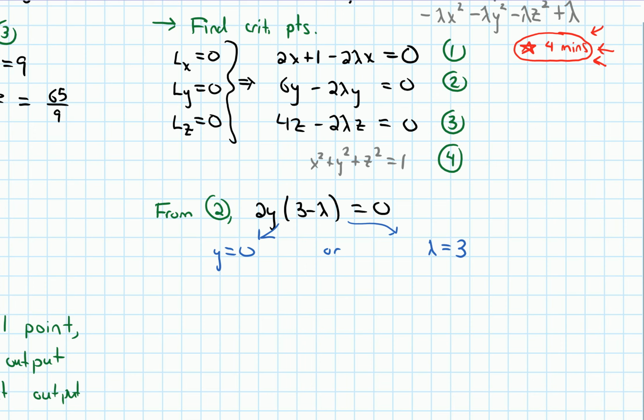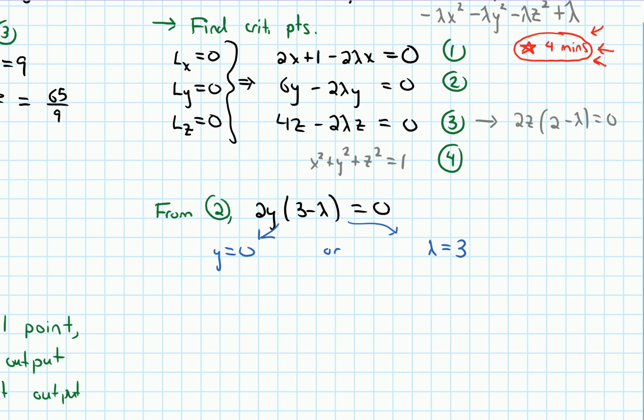All right, so I know y equals 0 in this first case, and I'm going to now have to work with one of the other equations. So if I were to work with the third equation, we notice that one was kind of simple-ish as well, just like the second equation in that it had two terms and we could factor a little bit. We could factor out a 2z and be left with 2 minus lambda equals 0.